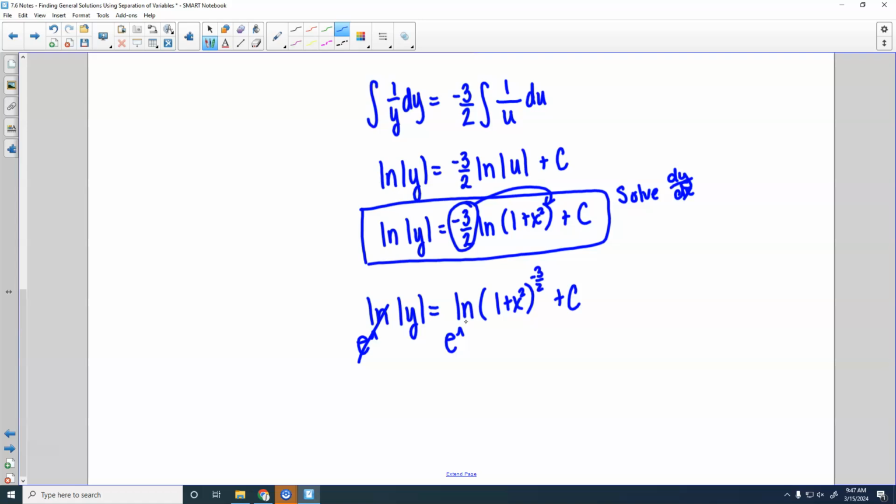If the c wasn't there, then they would cancel, but the c is there, so we can't just pretend like it's not there. So on this side, we are going to have absolute value of y equals. Over here, we have e to the natural log of 1 plus x squared -3/2 plus c. All of this is in the exponent.